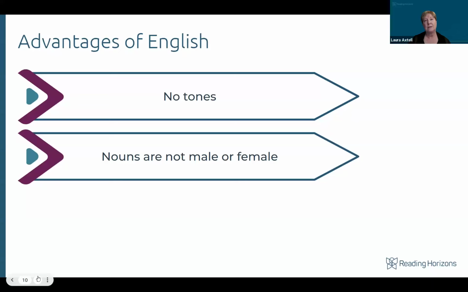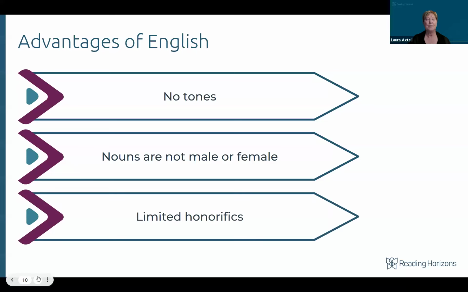The other thing that's a benefit of English is that our nouns don't have gender. So they're not male or female. For example, in Spanish, if you're coming to that language, you'd have to learn that over time. And that doesn't exist in English. And then the third thing that can be really helpful is that we have limited honorifics.